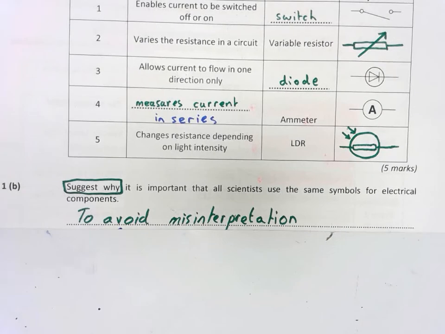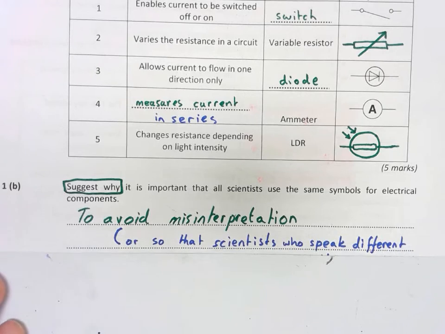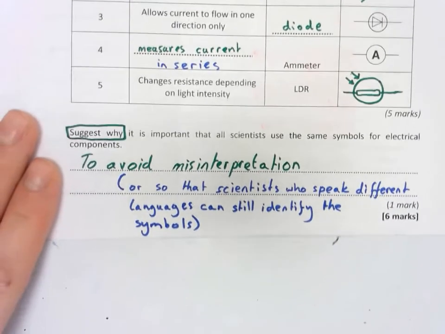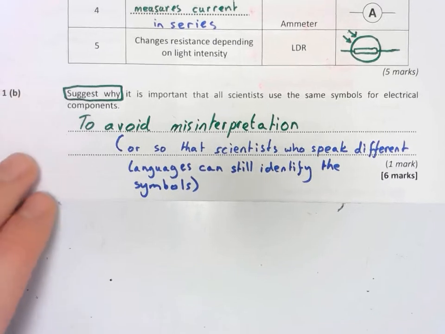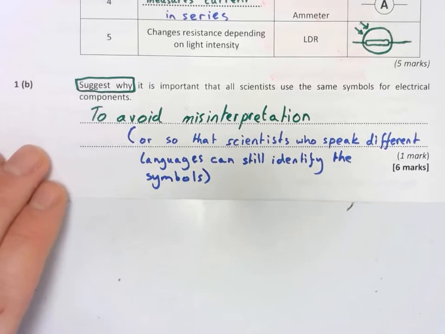So what you don't want is using capital E for efficiency and capital E for energy, and somebody interpreting that as efficiency when actually you meant energy, for example. Or you could say it's so that scientists who speak different languages can still identify the symbols, even if they don't speak the language.